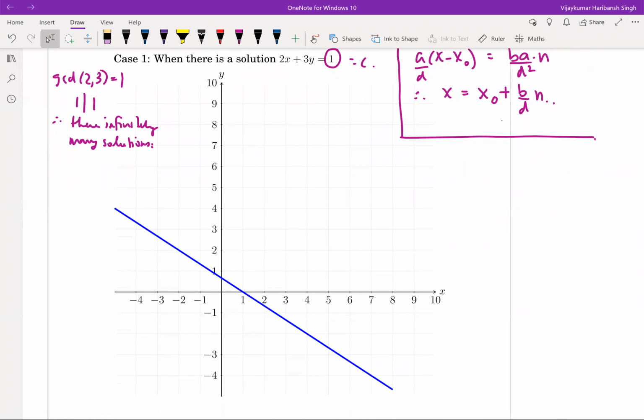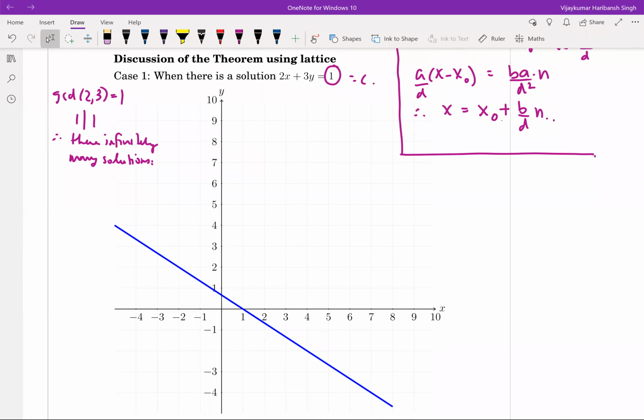If you take 2x plus 3y equals 1, if you look at this lattice point, this is a solution. If you look at this lattice point, this is also a solution, right? So what is the particular solution here? The particular solution is x is 7, y is minus 4.